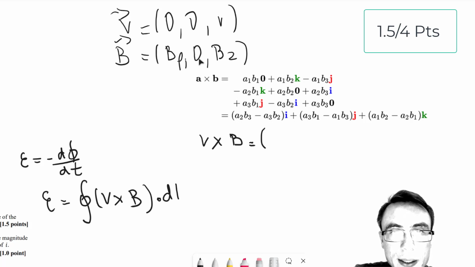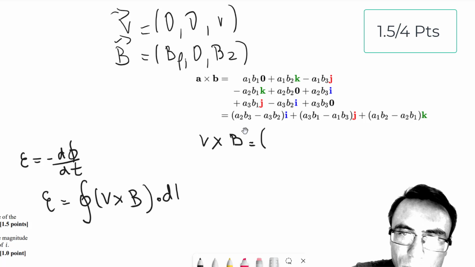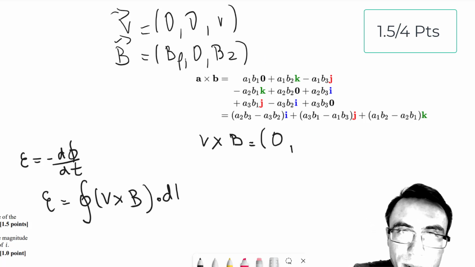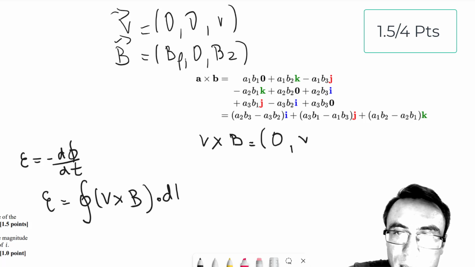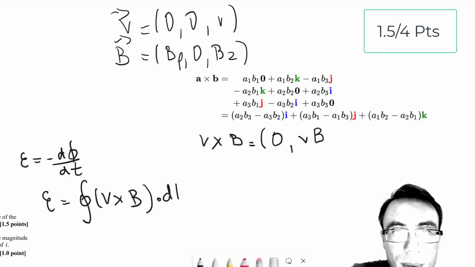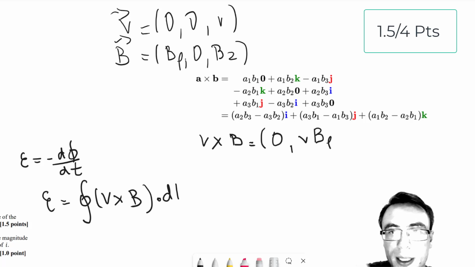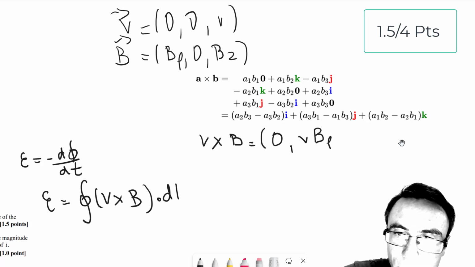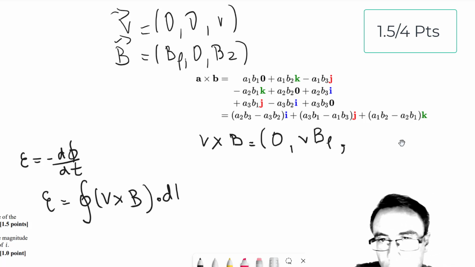A3B2, well, A3 is this, B2 is 0, so our first component will just be 0. What about our second component? That's going to be A3, which is V times B1, so that's going to be V times the radial component of the magnetic field, and then take away A1, which is 0, so that's going to be it for this middle component.